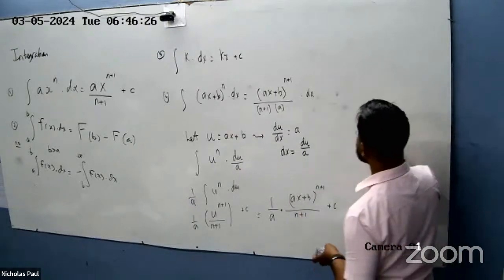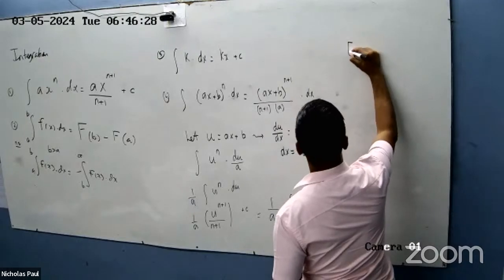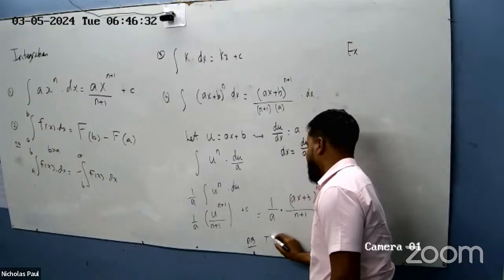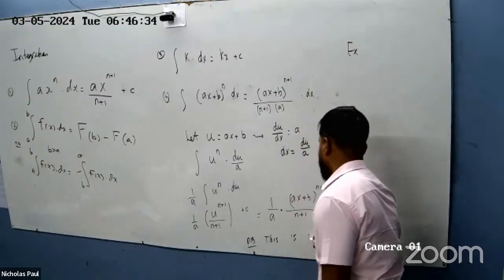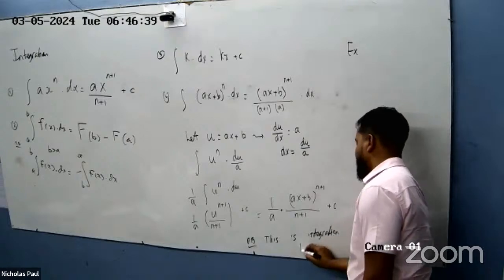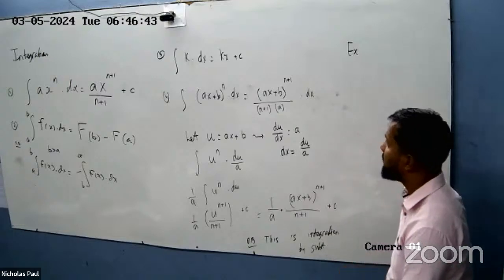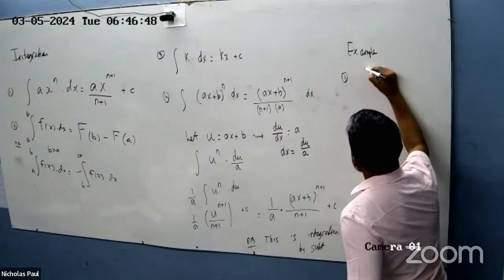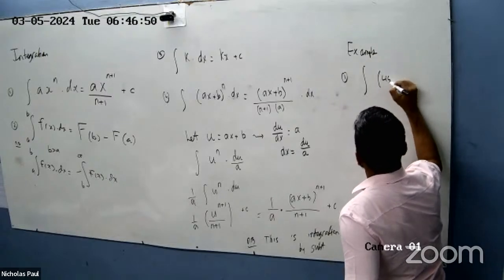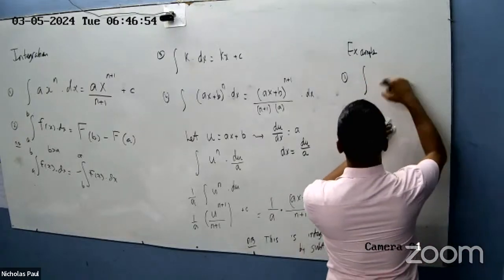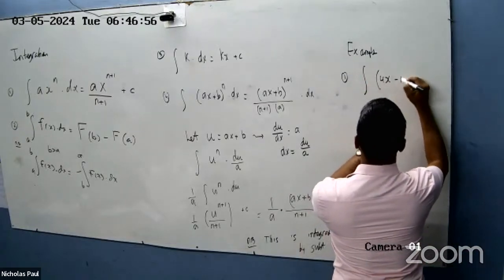Since we're here, try this one now. Please note that this is integration by substitution. Try a nice example here. The integral of 4x minus 1, all cubed.